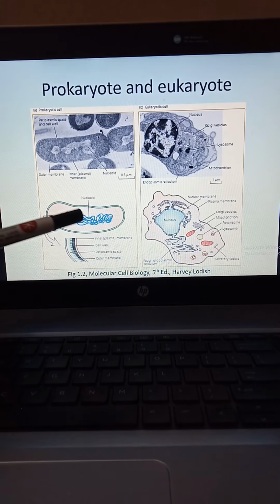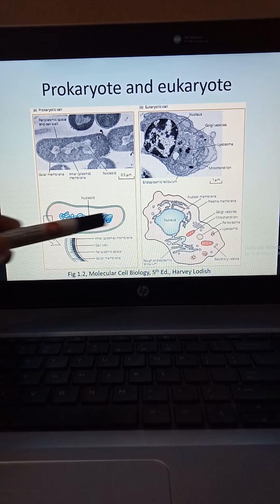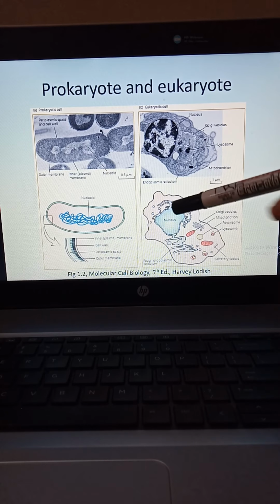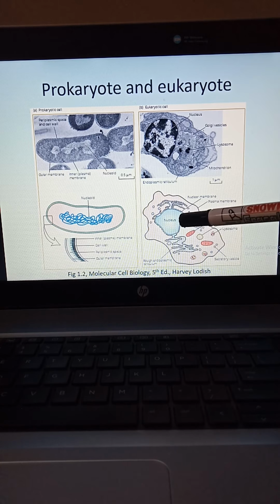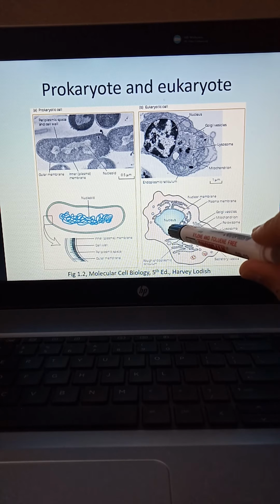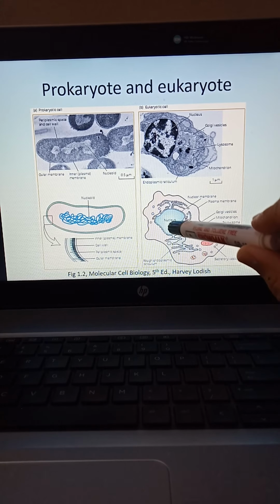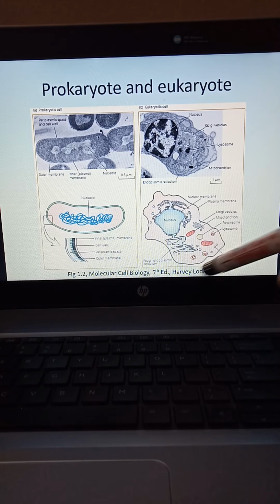And this DNA is not covered further. So that means this cell does not have a nucleus. So this cell is a prokaryotic cell. While this cell on the right panel contains a nucleus, as you can see here. So this is a nucleus which contains the DNA inside. So that means this is a eukaryotic cell.